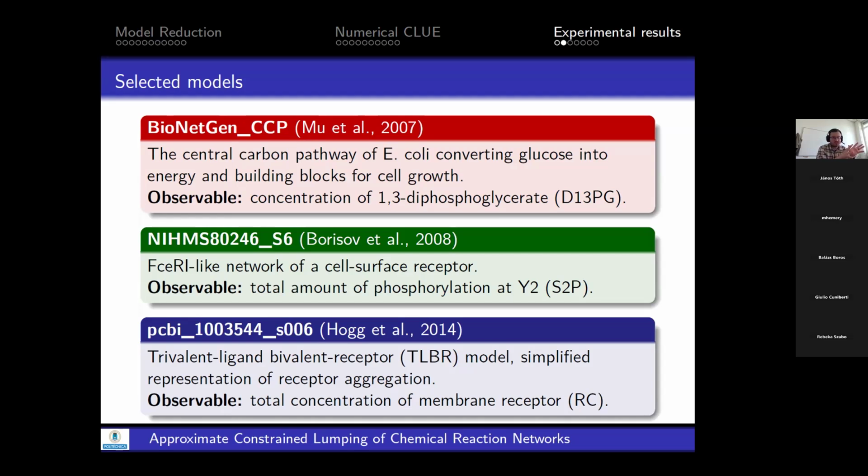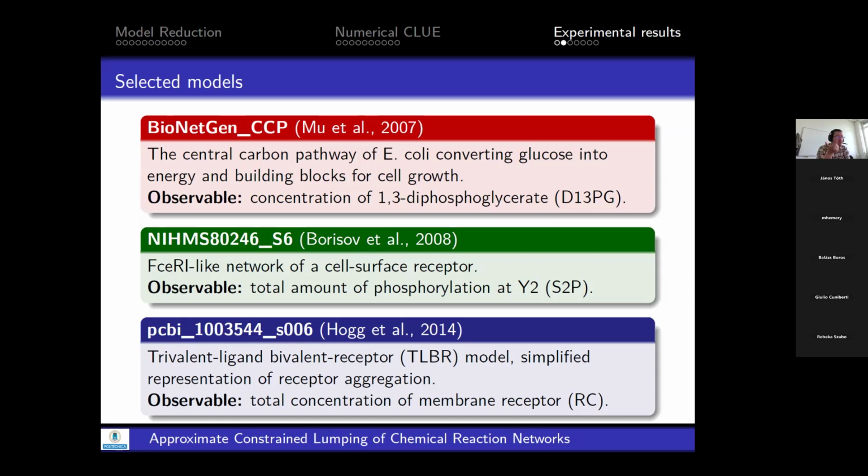I'm not claiming I understand anything of this paper, and the models they provide, I don't really know where they came from. I know there are models that try to tell me how things interact. So, for example, the first one tries to talk about the carbon pathway of E. coli, converting glucose into something else. Why not? It's a problem that they are worrying about.